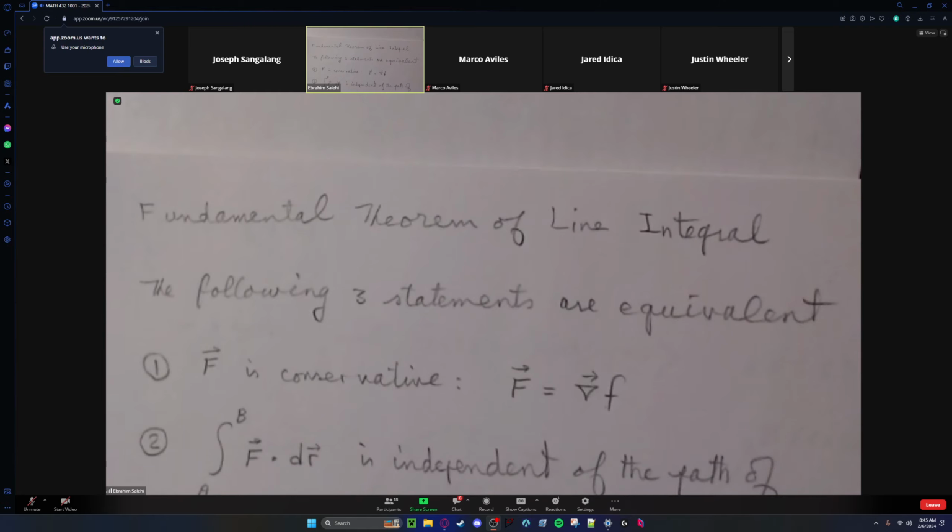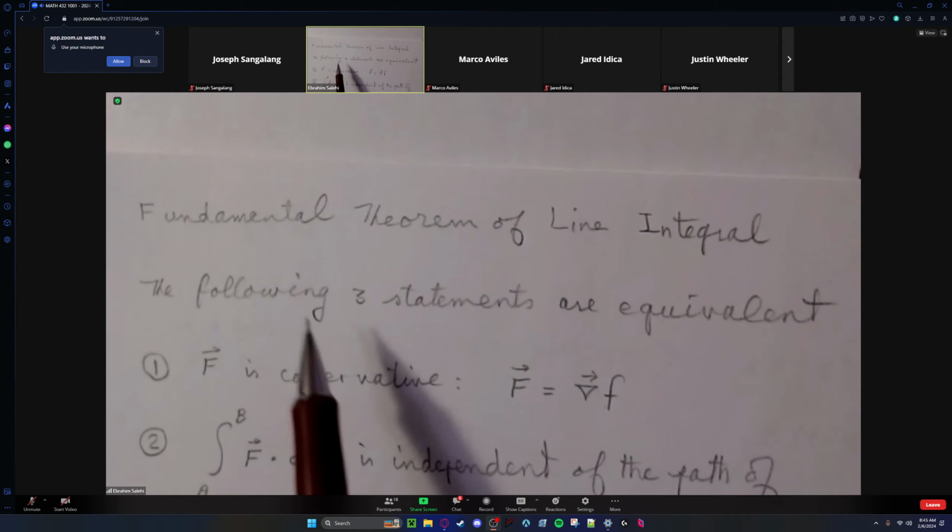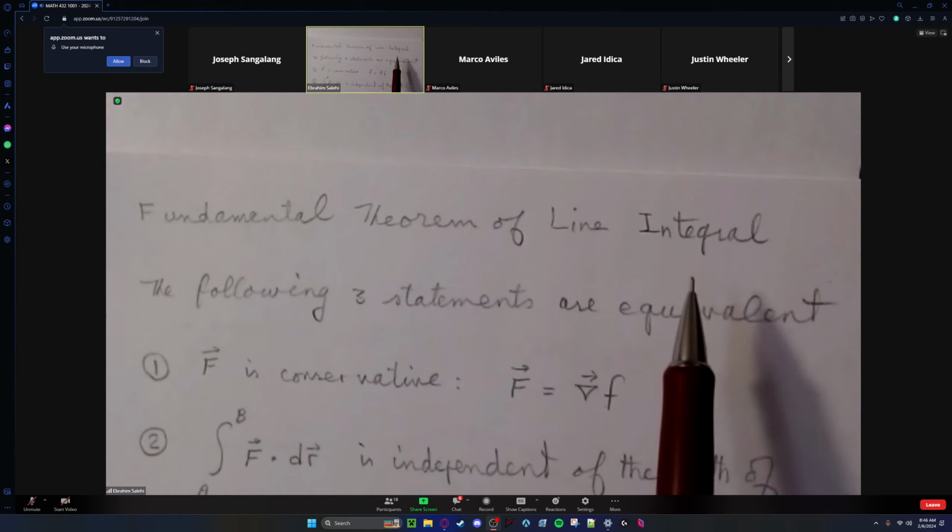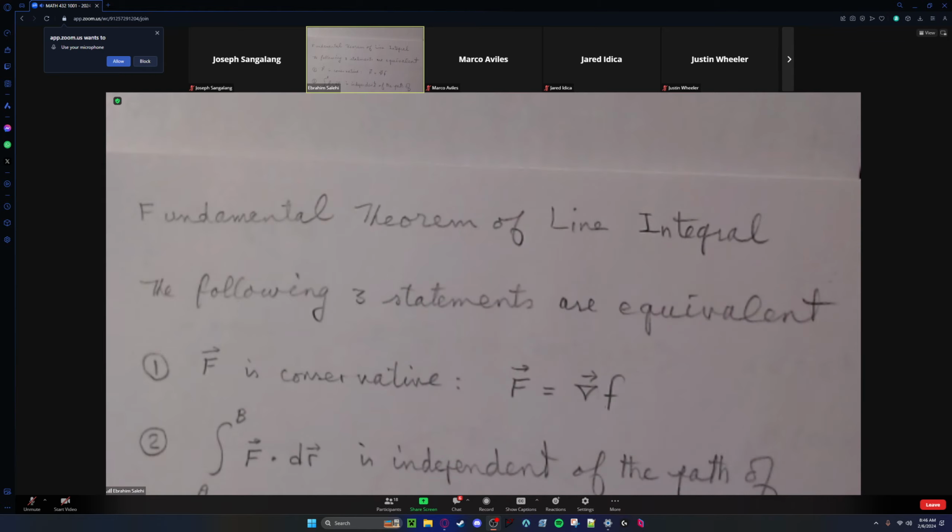a vector field. Now, this fundamental theorem of line integral, remember, is different from the other fundamental theorem of calculus. This only applies to vector fields. It says that these three statements are equivalent.